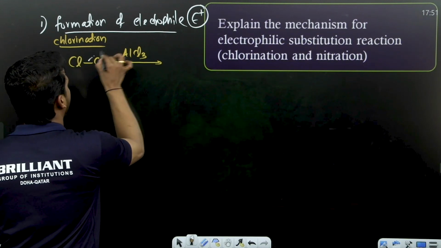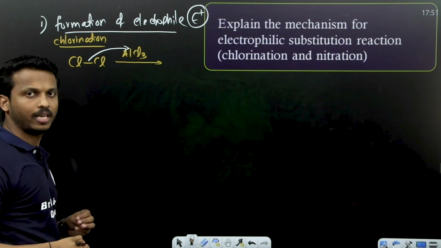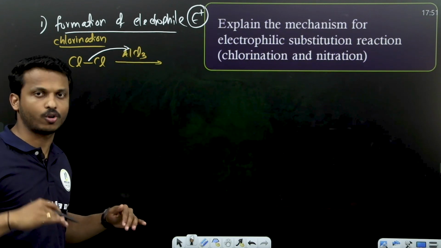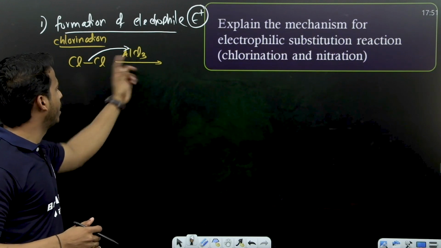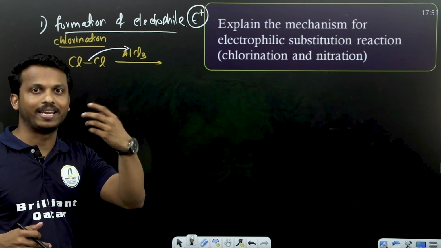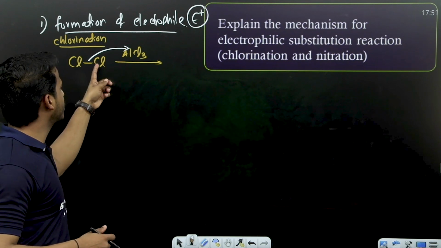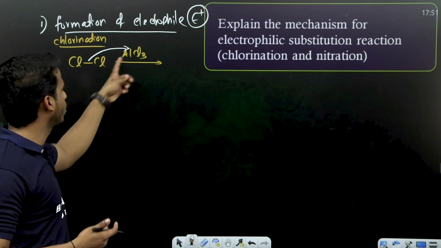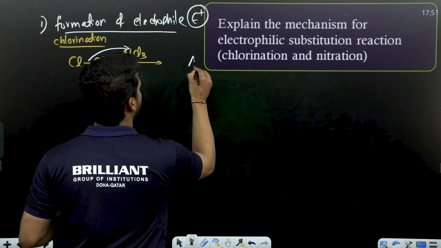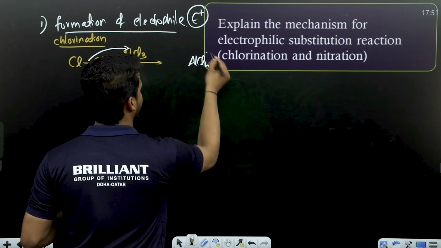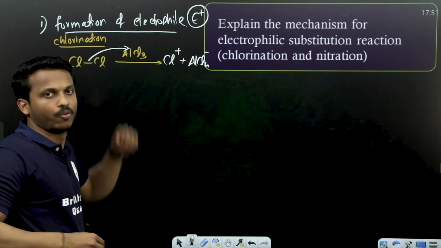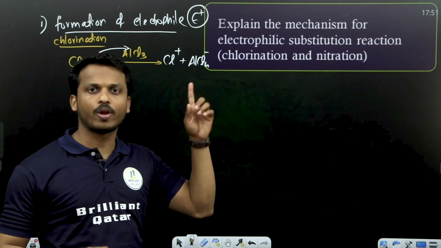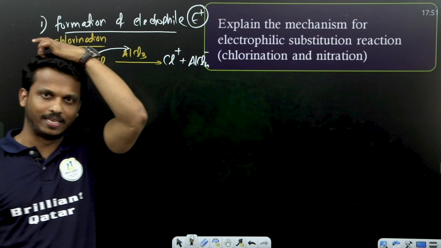So one of the chlorines goes to AlCl3 as Cl minus, and it becomes AlCl4 minus. What is the other Cl? It exists as Cl plus. That is the electrophile. So this is the way the chlorine electrophile is generated.